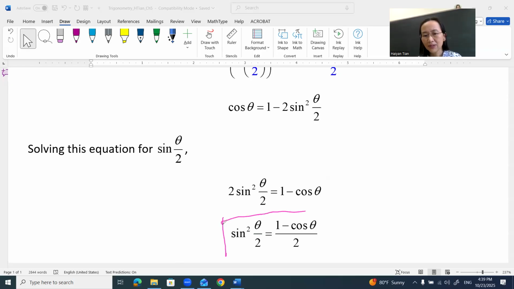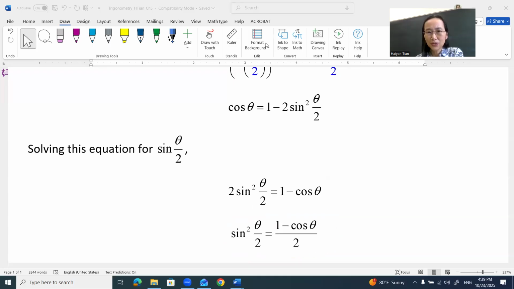So it's not difficult to arrive at this identity. It is called a half angle identity because when you have half of theta, you can solve for the sine of half of theta using some cosine value of theta.